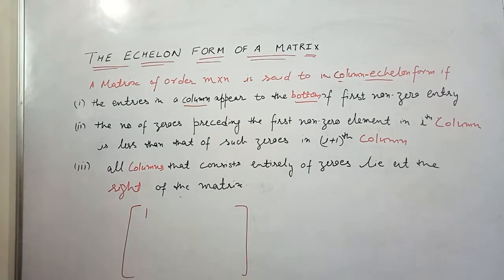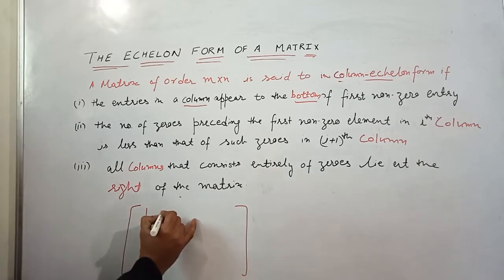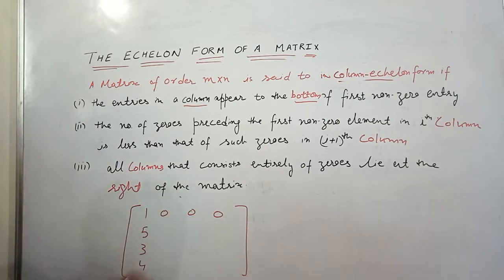Suppose this is 1, 5, 3, 4. Okay. It is 0, 0, 0. 5, 1, 0, 0. 2, 3, 0, 0, 0. Okay. And 4, 2, 1, 0.